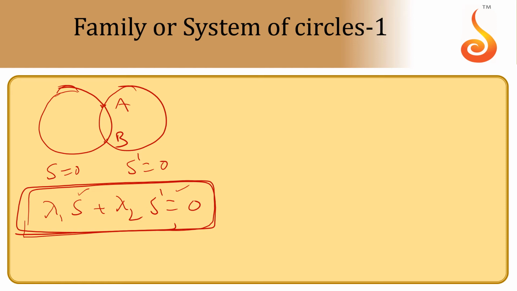If lambda 2 is 0, you will get the S equal to 0 circle. So no need to get the circles, they are already there. They are the parents from which you are generating the family of circles. So you can simply do S plus lambda S dash equal to 0 also.